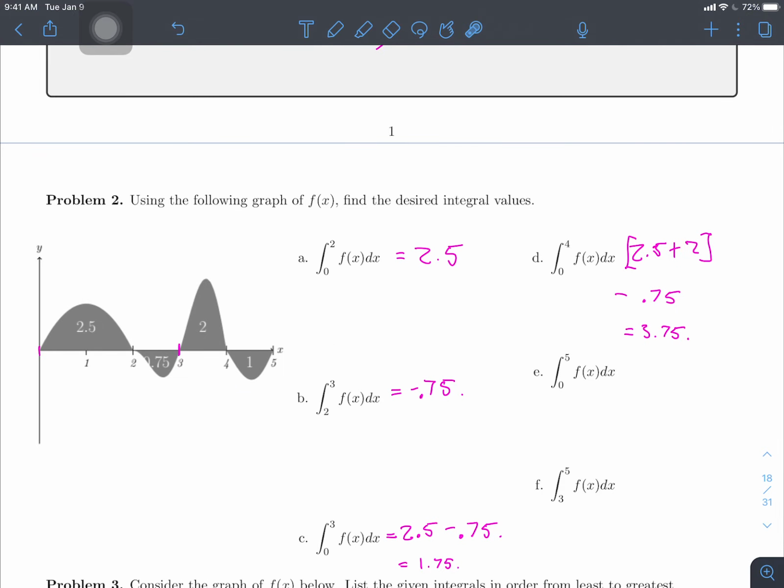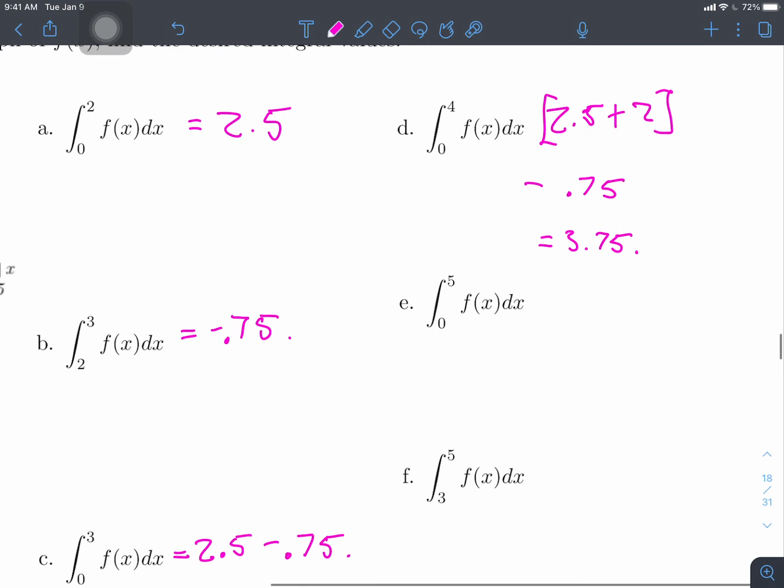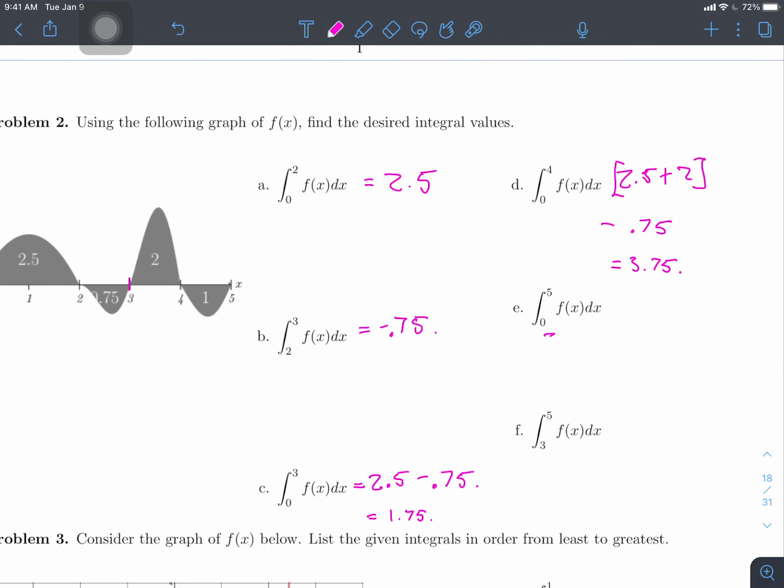Okay, and now we're going to get even more complicated. We've got area above, area below, area above, and then again area below. So I'm going to do this one, and you tell me if I did it right or if I made a mistake. So I know that it's going to be the area above minus the area below. So I'm going to do it like this. The area above is going to be 2.5, and I'm going to add 2. Okay, so that takes care of these two pieces.